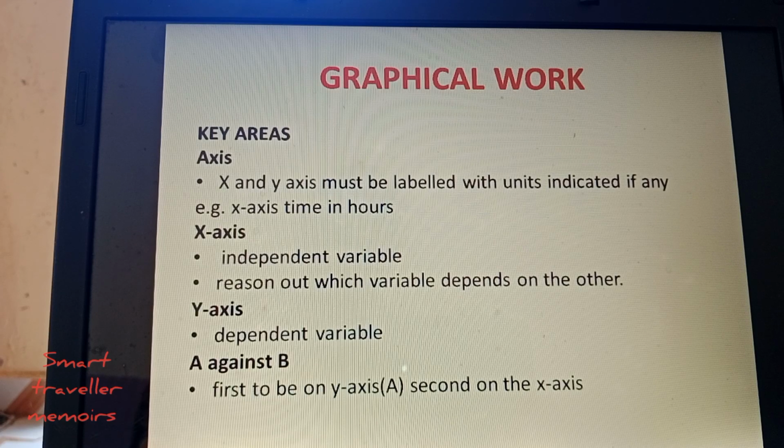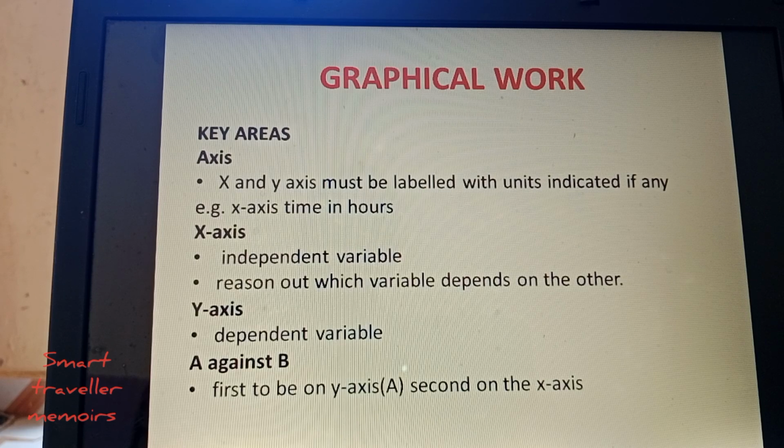You should know that the x-axis is the independent variable. Reason out which variable depends on the other for you to know which variable is going to the x-axis. So the variable which is independent will go to x-axis. The dependent variable will go to the y-axis.